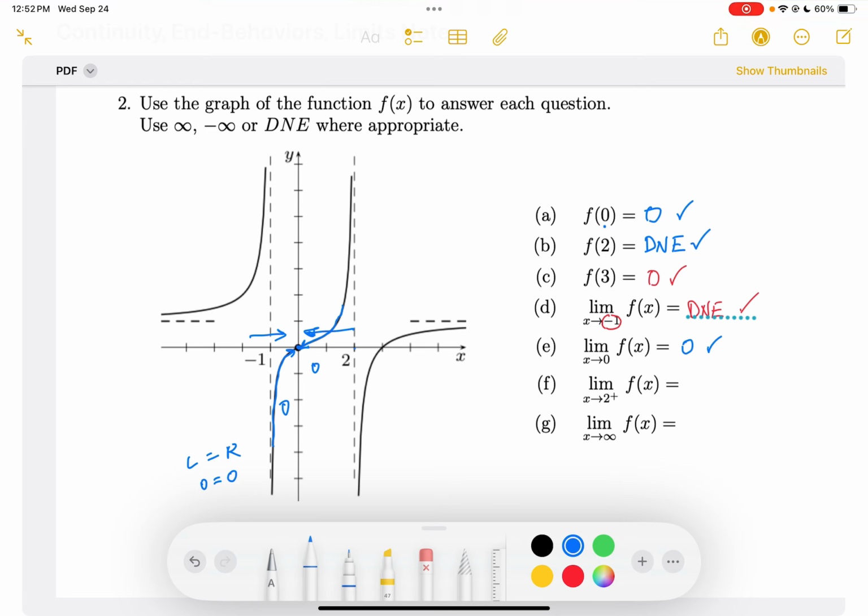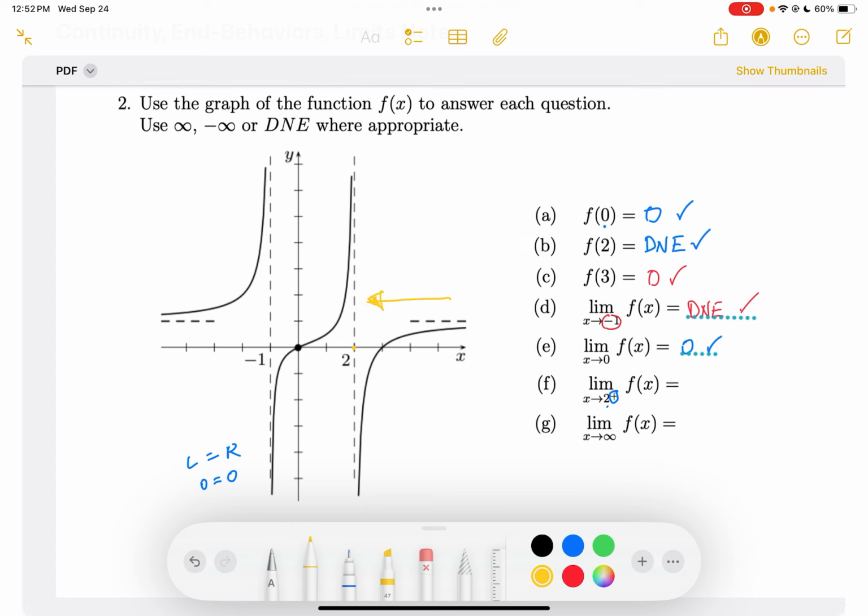Moving on. What will be my limit as x gets closer and closer to what value? 2. So I'm looking at this location here, but from where? From where is controlled by the positive, right? So this is telling me I'm only looking at 2, but I need you to tell me coming from the right side.